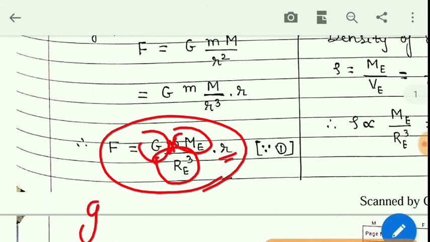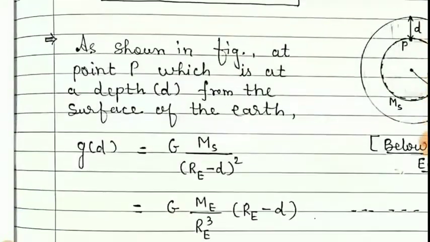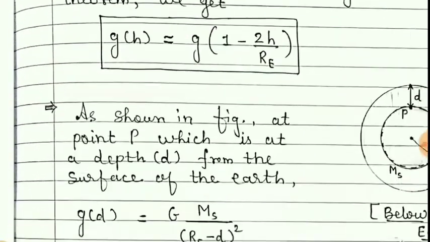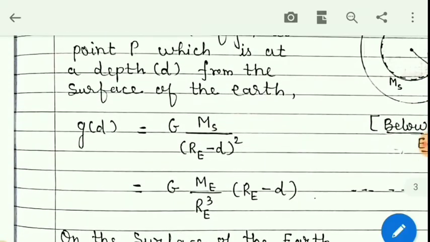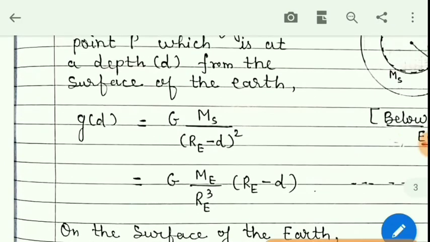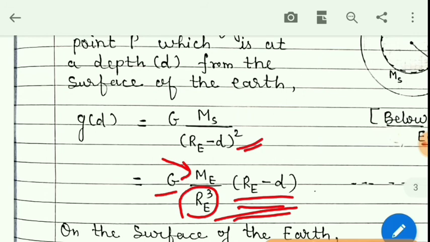So in our case this distance is R_e minus d. So simply in place of this r we are going to write this, and we get this formula. So students, I hope you understood this. After writing this step, we can directly write this: G times the mass of the earth, the radius of the earth cubed, and that distance. So just compare it. I hope you will be able to understand this.